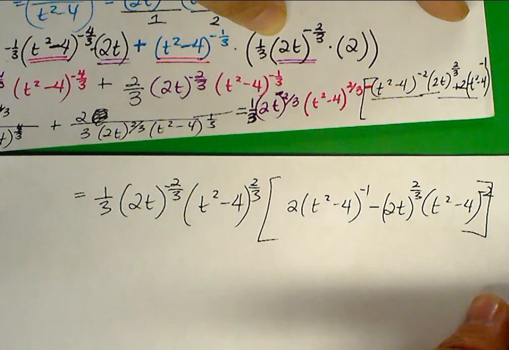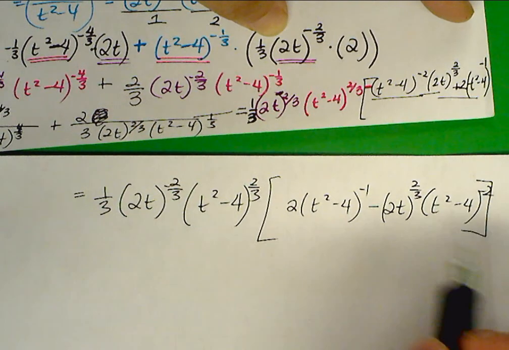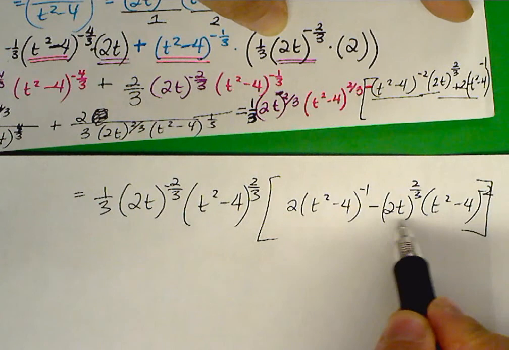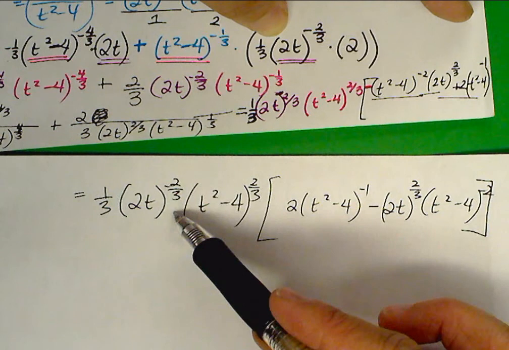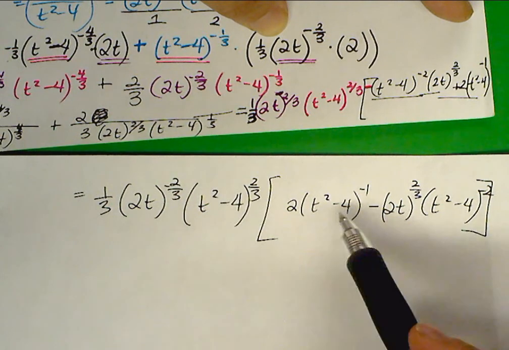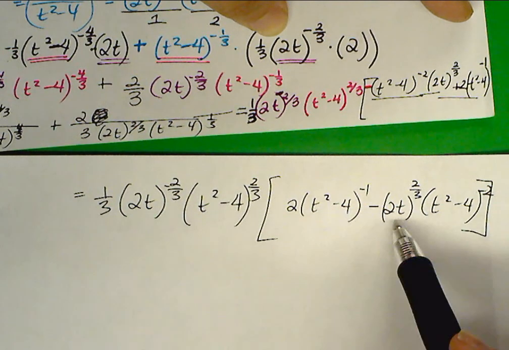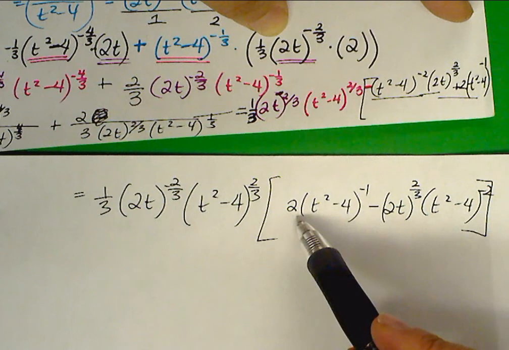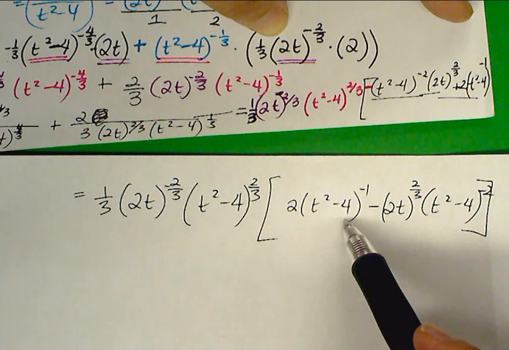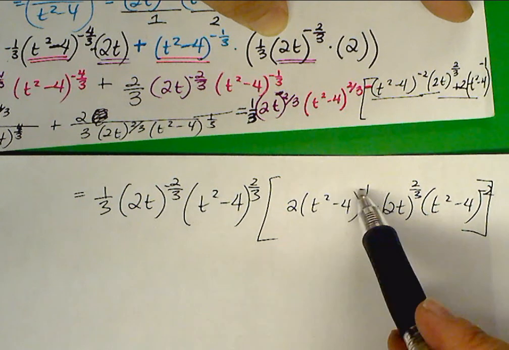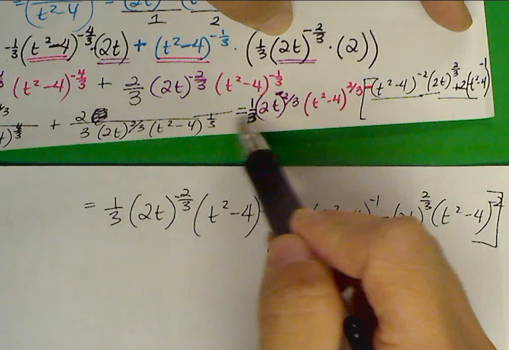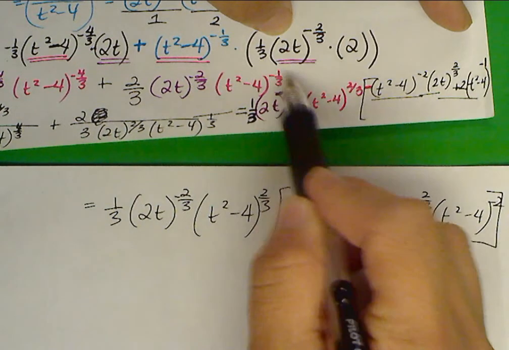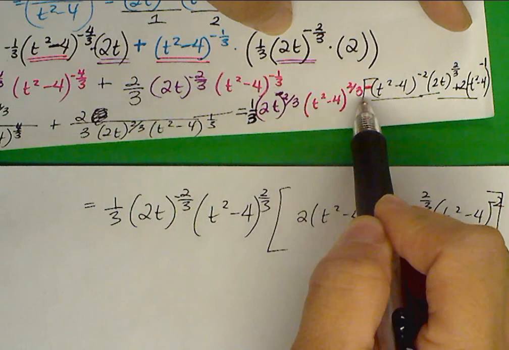No, because I was factoring out. I had 1/3 here, and I subtracted 2/3, so 1/3 minus 2/3 is negative 3/3, which is negative 1.